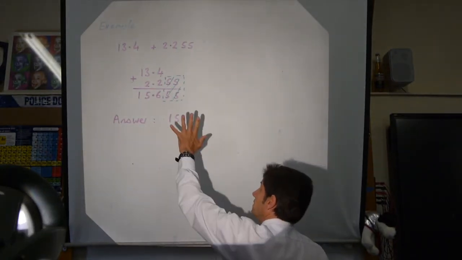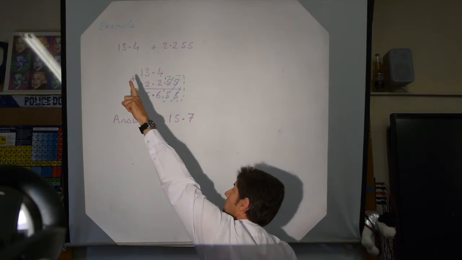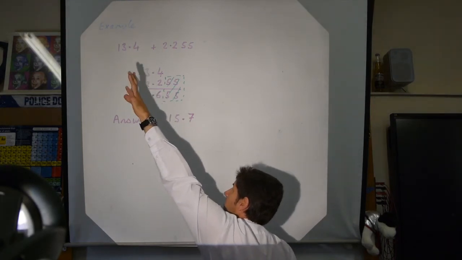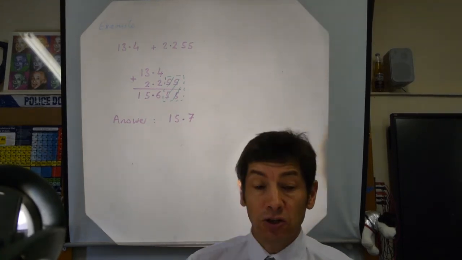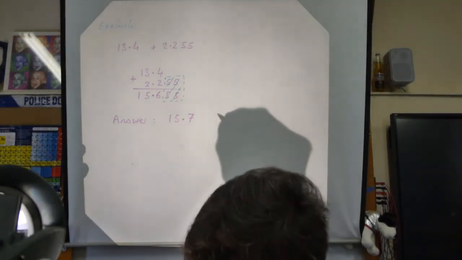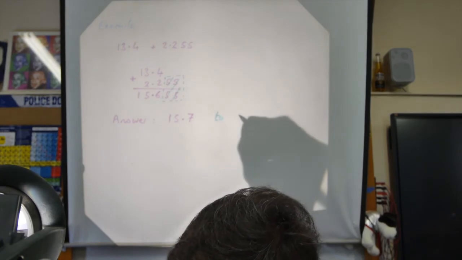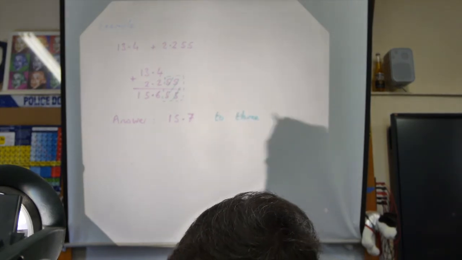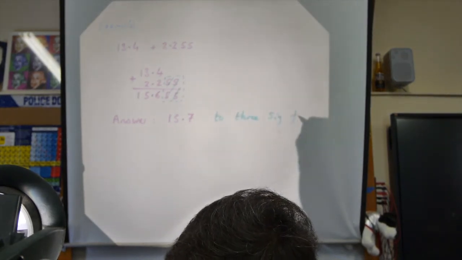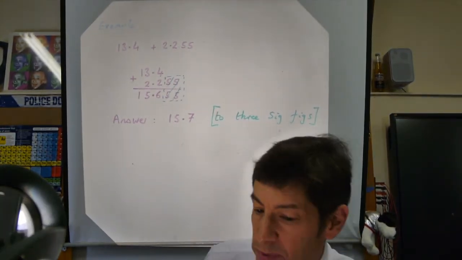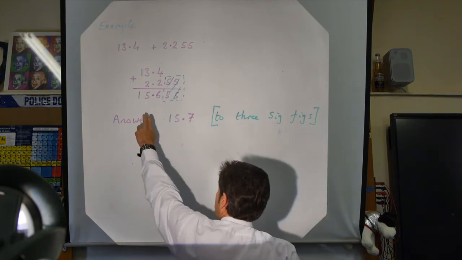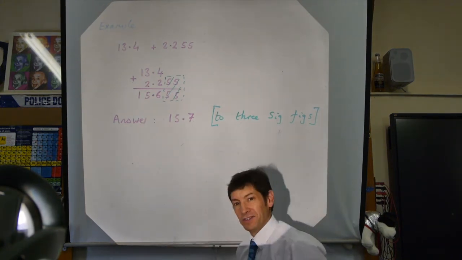So we've rounded right at the end. We've looked at the worst number of significant figures we've got, and there's a precision there of tenths, and then it's a good thing at the end to say 3 sig figs. So don't be tempted to make your final answer 15.655.